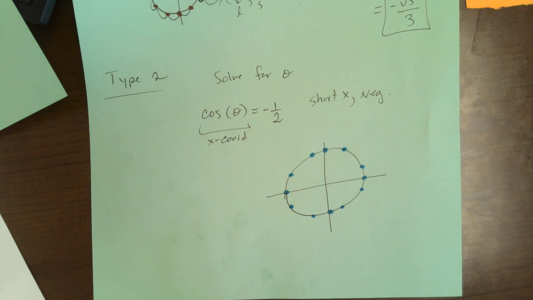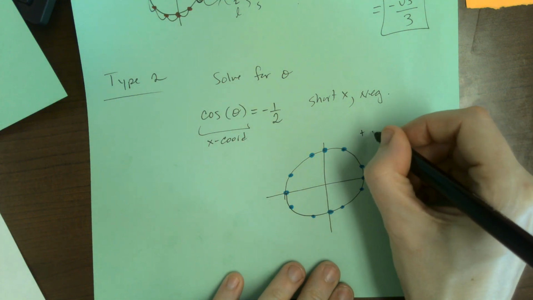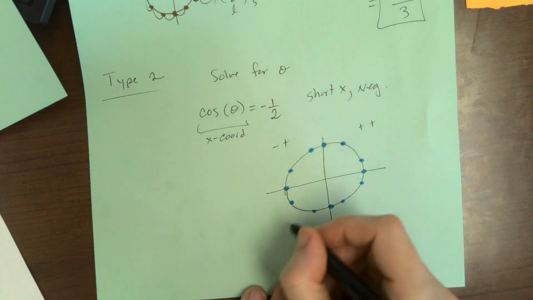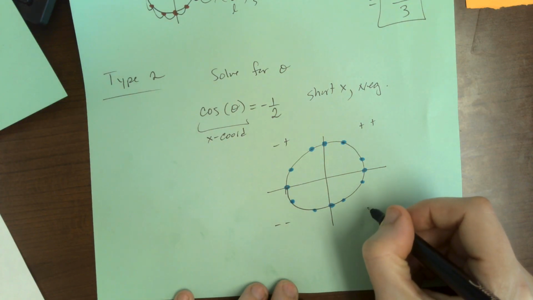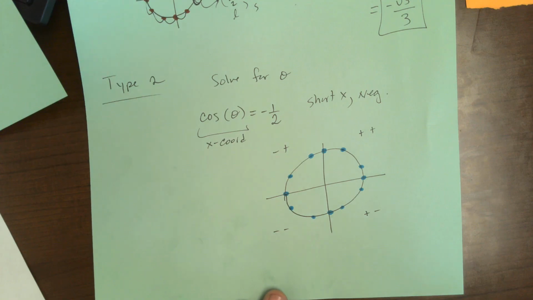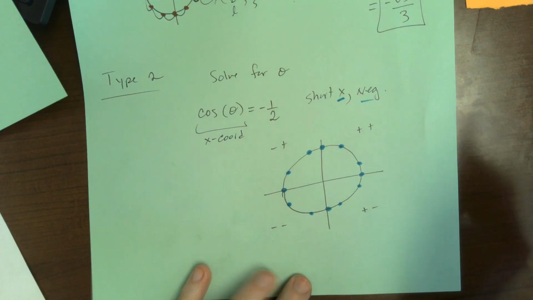Now let me find my quadrants that this will work in. So in the first quadrant, they're both positive. Second quadrant, third quadrant, fourth quadrant. Now, the x, so we got the short x and it's negative.